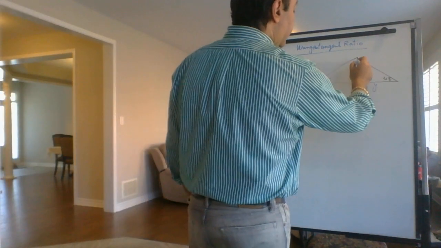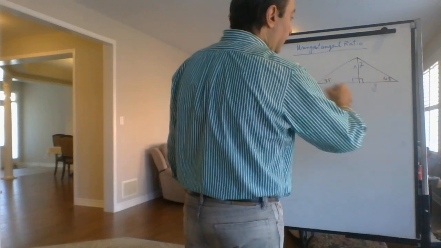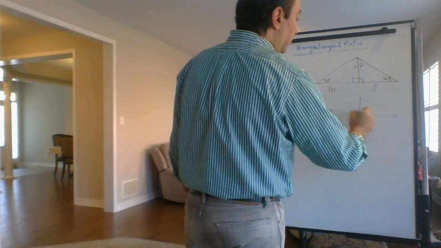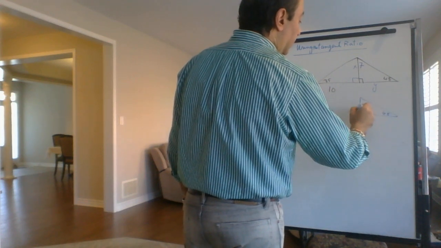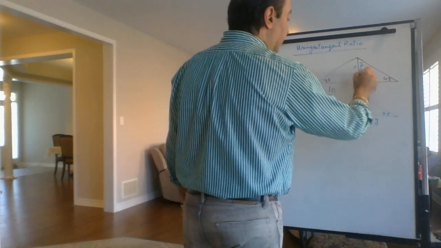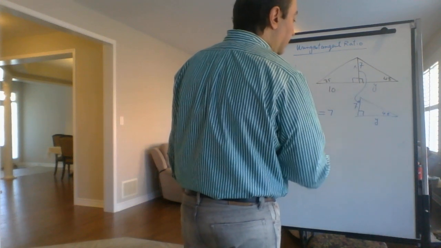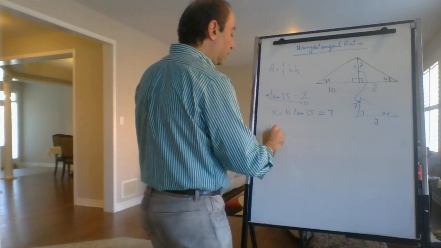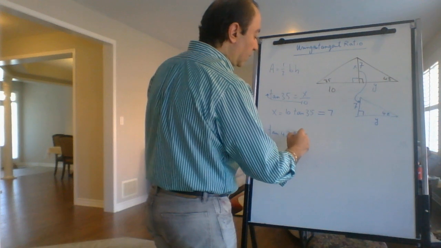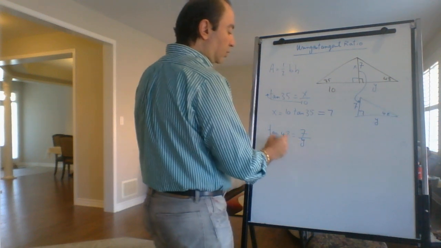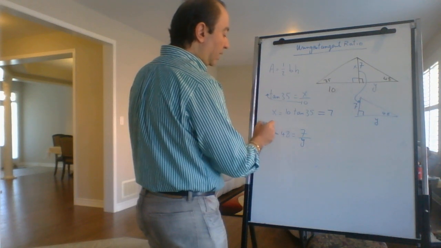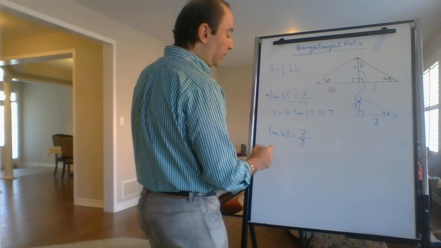Now, if we look at this, we need y as well, so we can get the base. If we look at this right triangle, we have 48 degrees, and I have y, and I know that this is 7. I showed you yesterday that we exchanged the positions. So y will be here and tan 48 will be here.